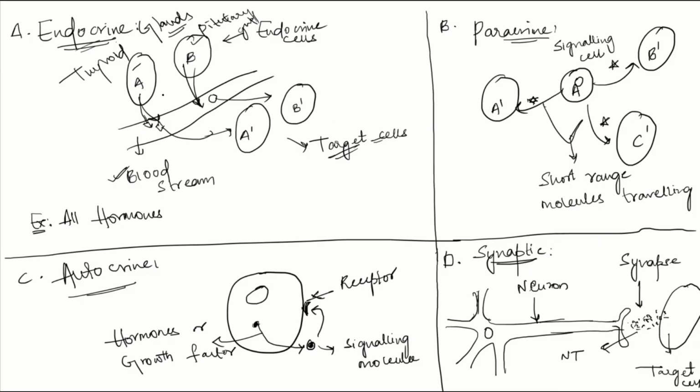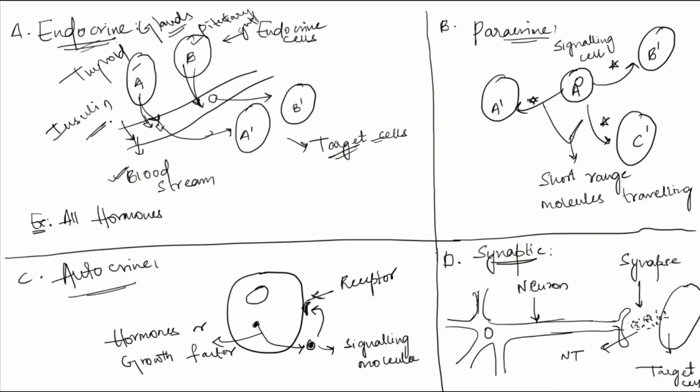Or you can take a very simple example for easy understanding: insulin. Insulin is released by which gland? The pancreas. The pancreas acts as both an endocrine and an exocrine gland. Insulin is an endocrine hormone. When insulin is released into the bloodstream, at the various parts of the body it reduces the blood sugar level.